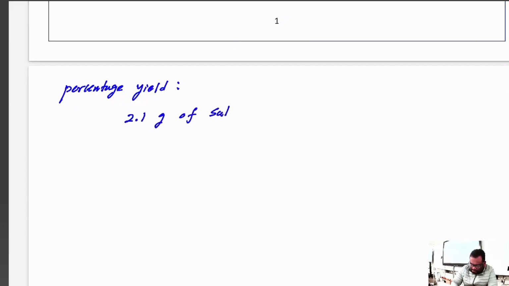So, how do you find the percentage yield? If you read the question, it is given that 2.1 gram of salicylic acid produces 1.8 grams of aspirin.